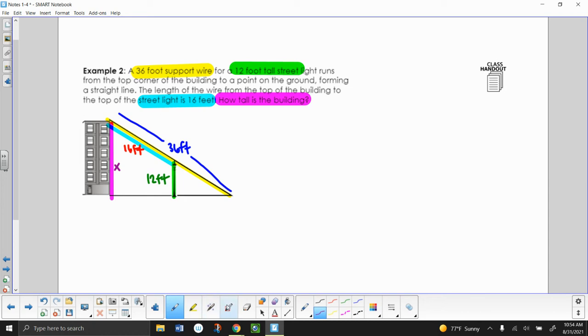Now that I have my picture drawn, I see that essentially this is two overlapping triangles. I have my big triangle, and I have my small triangle. Now I'm just going to label what I have. We know that this is X, and we know that this is 36. And then in my smaller triangle, I know that this side is 12. And here's where we need to be careful. This length right here is not going to be 16. 16 is from the top of the street light to the top of the building.